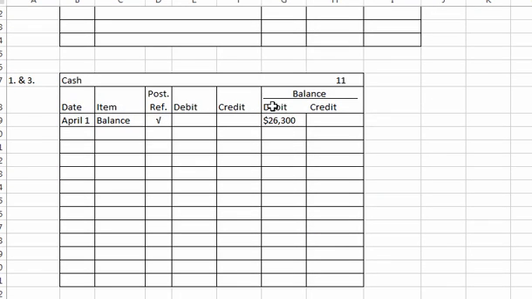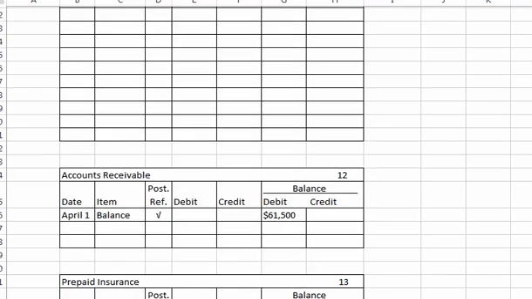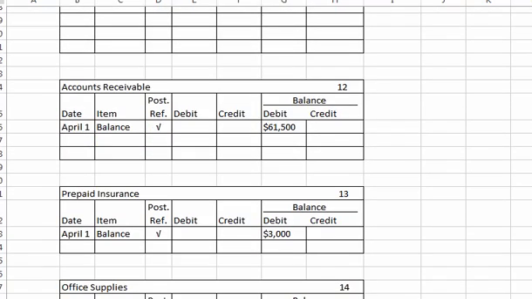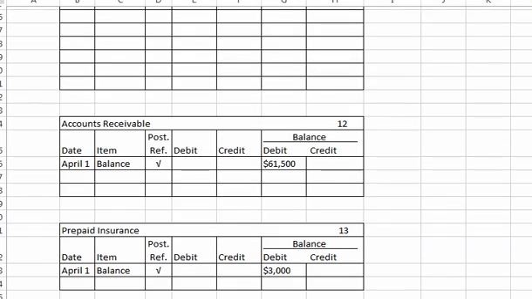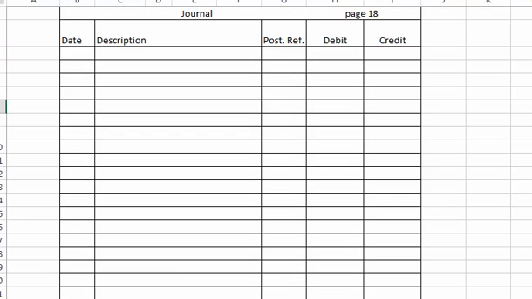Here's our ledger. Space for cash. Space for accounts receivable, for prepaid insurance. We have a space for each account. Once we've made our journal entries, we'll transfer or post those journal entries to the various ledger accounts that the entries affect. And that will update the balance of those accounts.